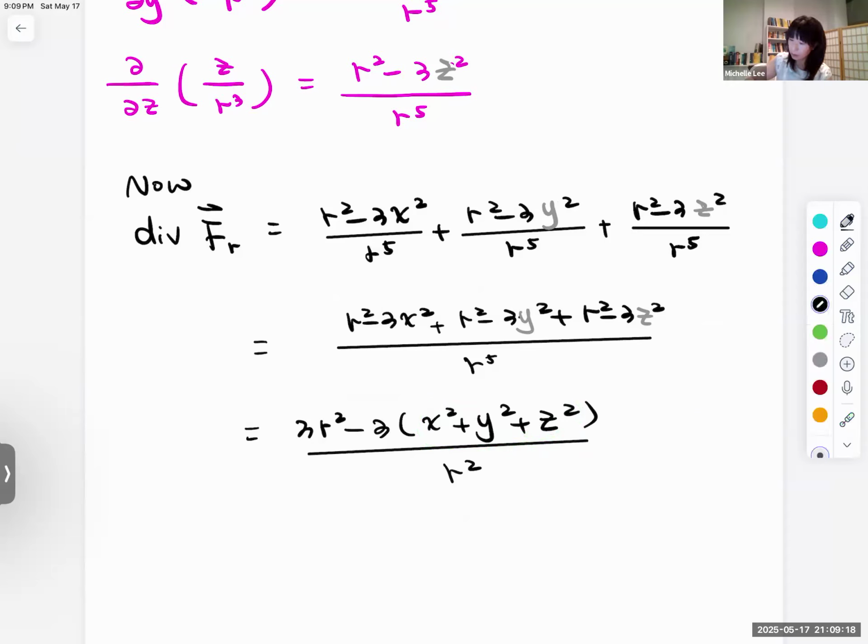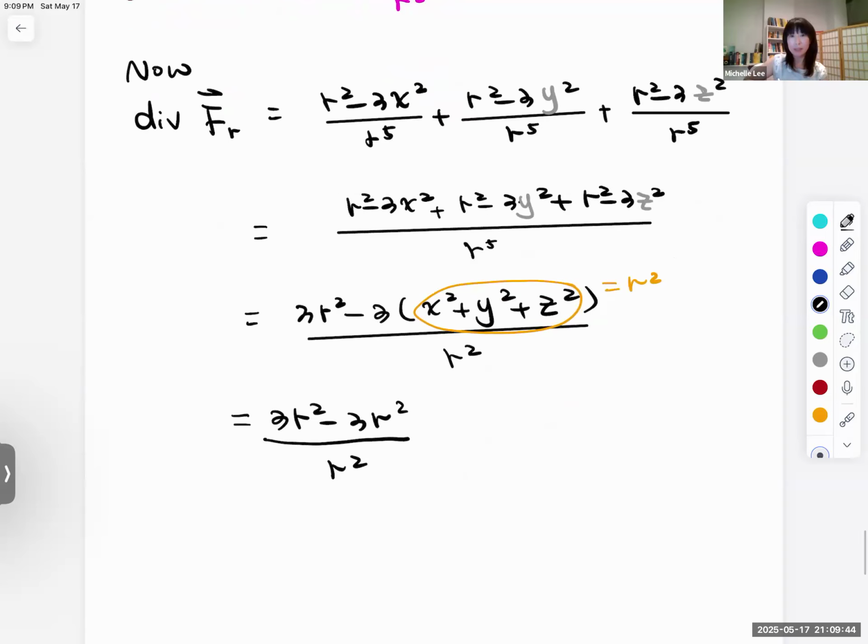Yeah, good. So this is equal to r. So we have 3r squared minus 3r squared, yeah? Because r is equal to the square root of that, right? So squared over r squared. Oh, you can see, which is 0, right?